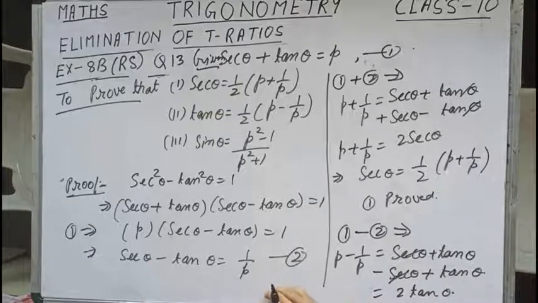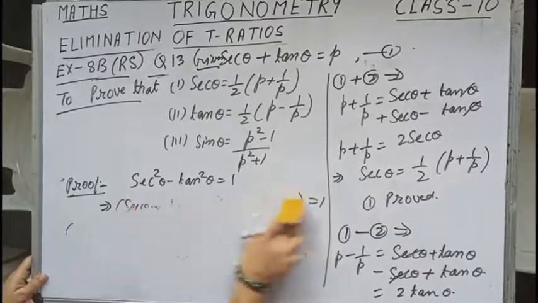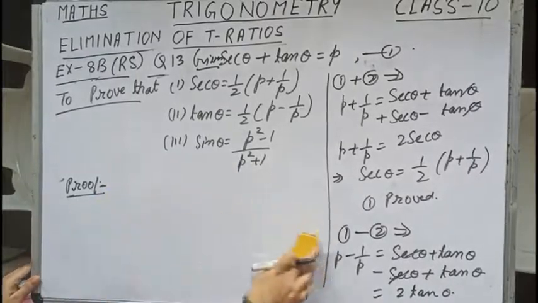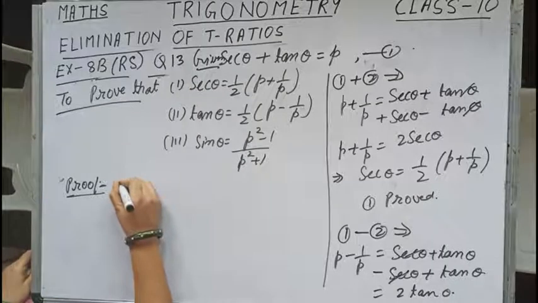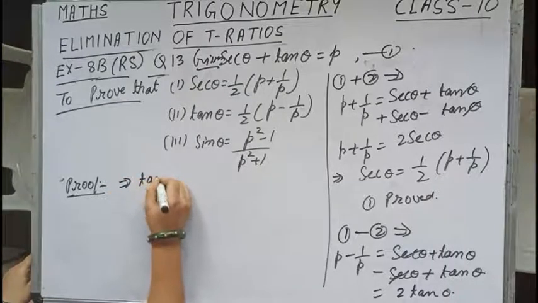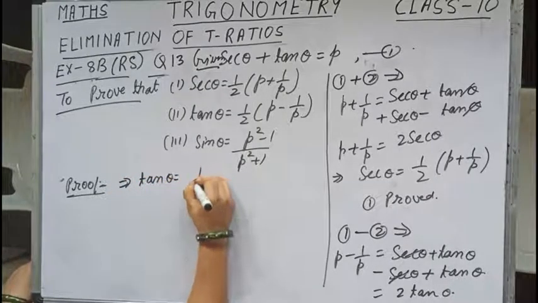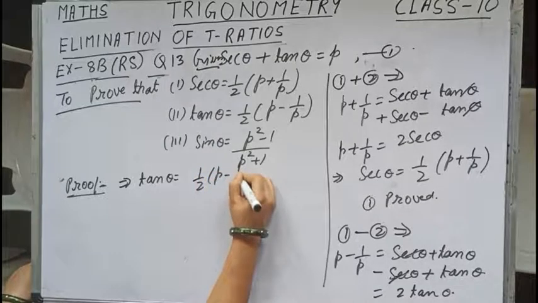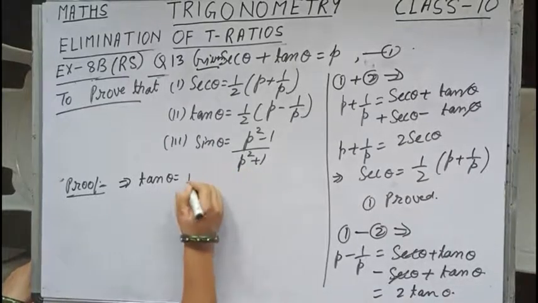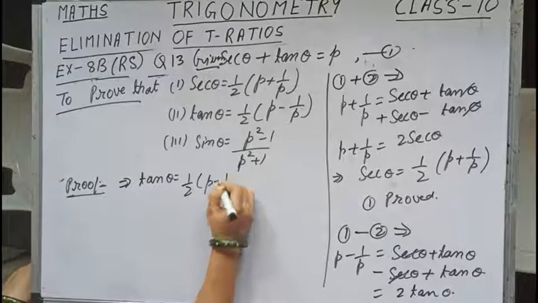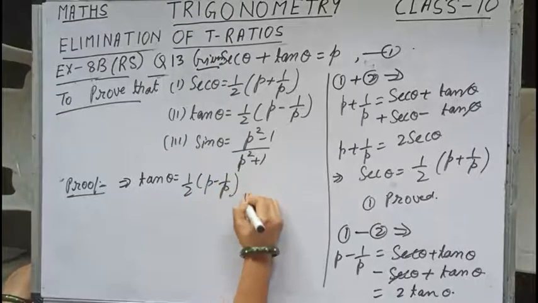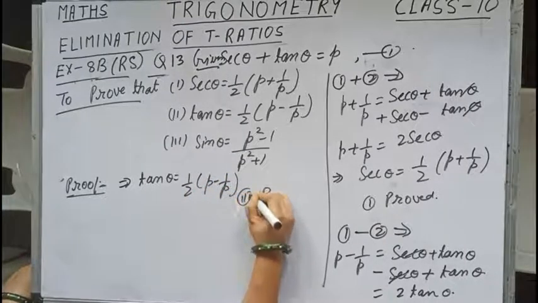So this implies tan theta equals 1 by 2 into p minus 1 by p. And over here number 2 is proved.